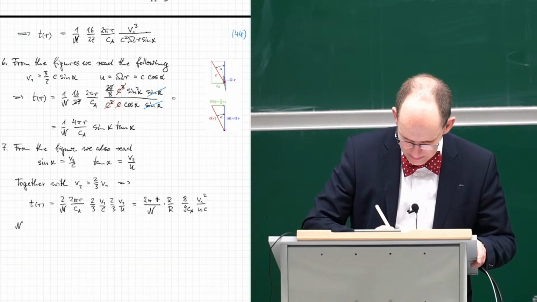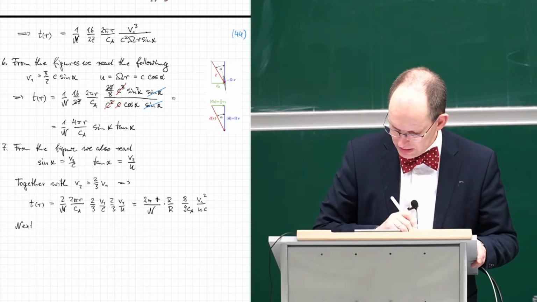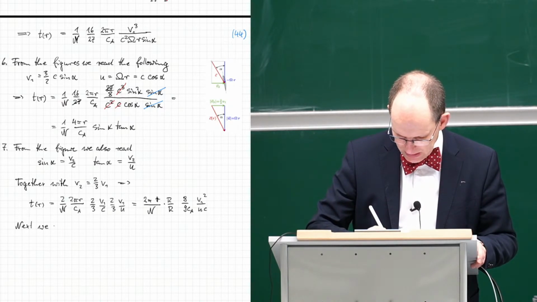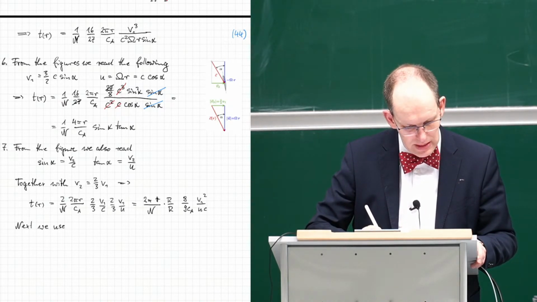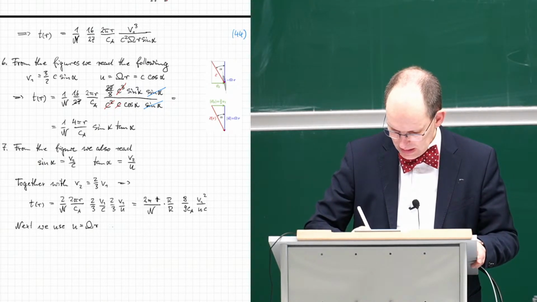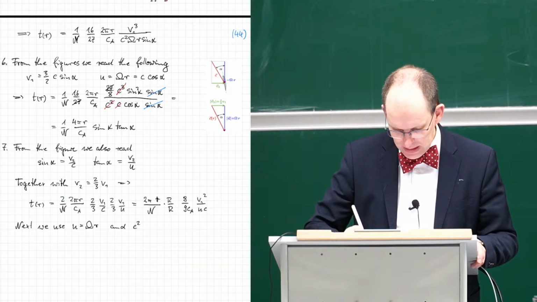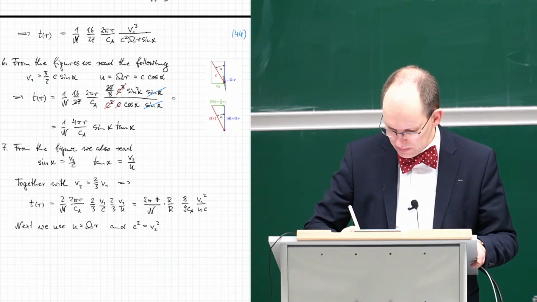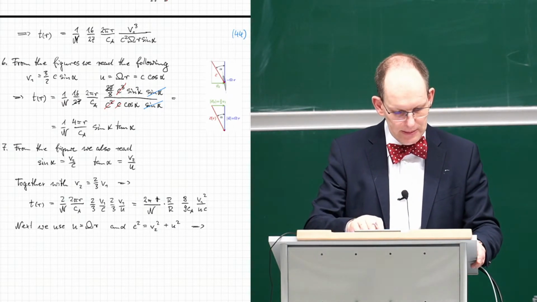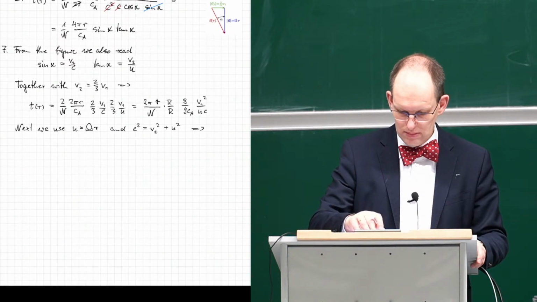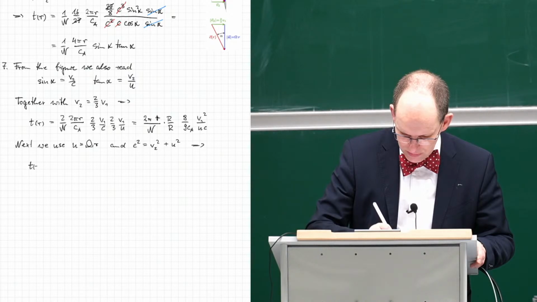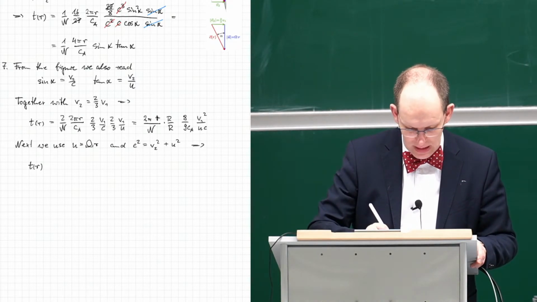Okay, still not beautiful enough. Actually, it's a little bit uglier, I think, but we are not done. Next, we use that U is equal to omega R, and that C squared is equal to V2 squared plus U squared. Okay, I think we should finish off with this today.